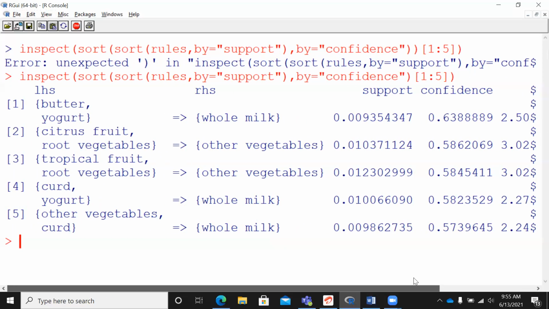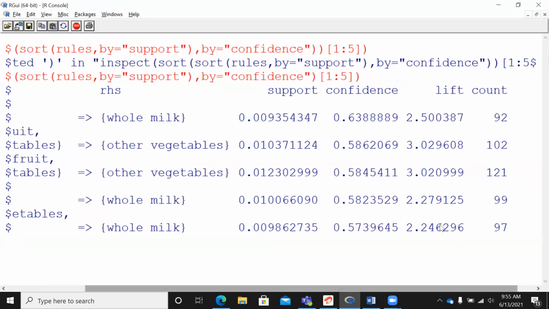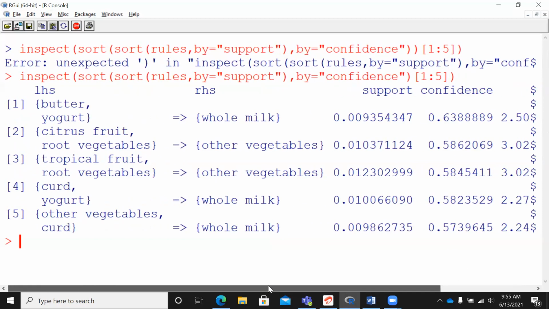Now, let me just look at whole milk. The lift value looks very, very promising because it's consistently above 2, right? It's above 2 for whole milk, which means basically, given that a customer has already bought curd or yogurt, a person who buys curd or yogurt is 2 times more likely to buy whole milk as compared to a random customer.